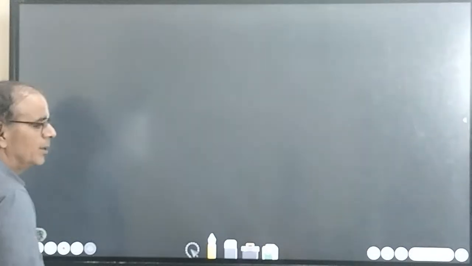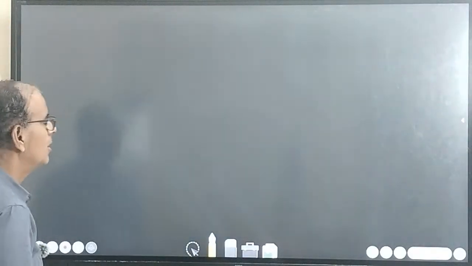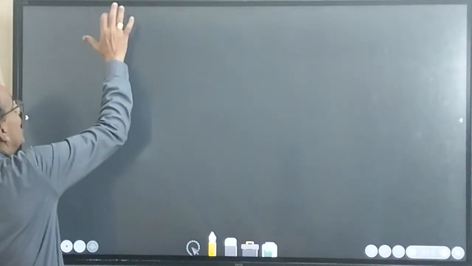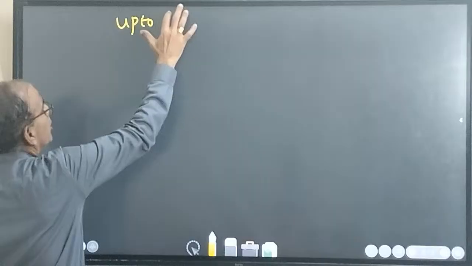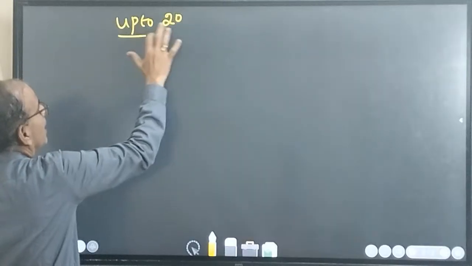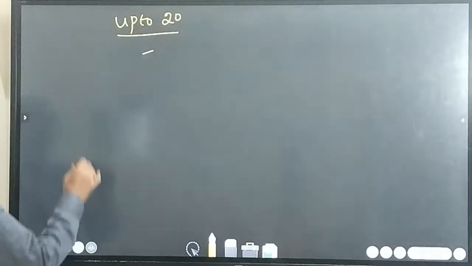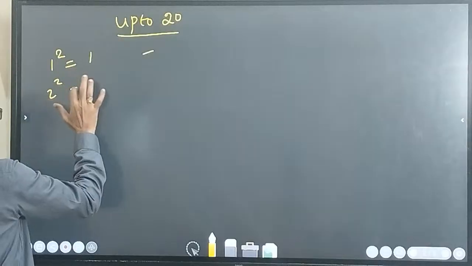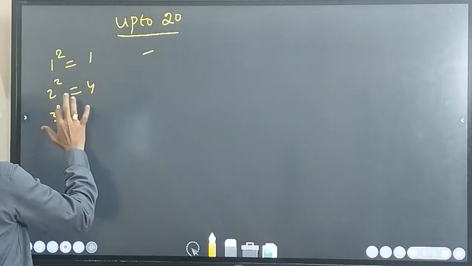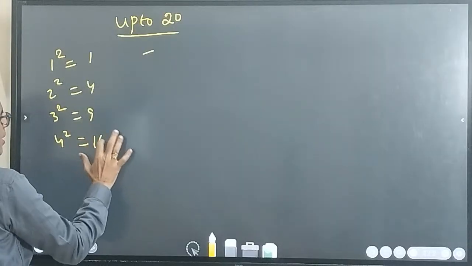Now, all the students, whether TNPSC, bank, RRB, SSC, you should know squares up to 20. Okay, up to 20 square you should memorize. 1 square 1, 2 square 4, 3 square 9, 4 square 16.